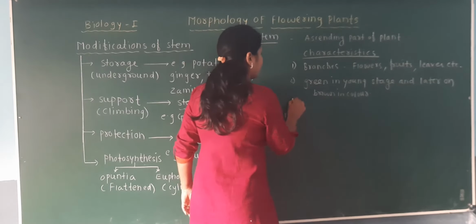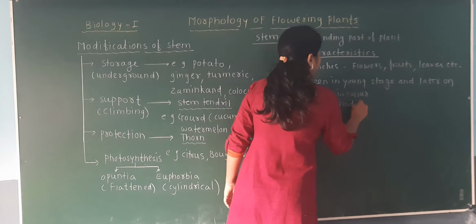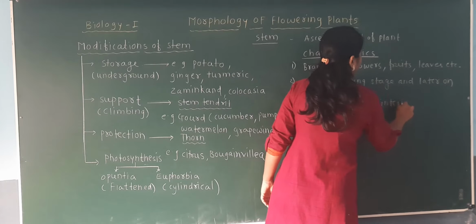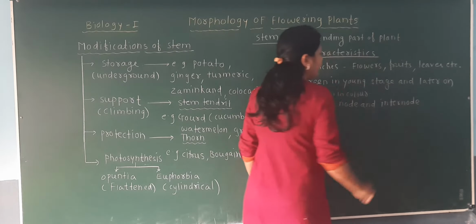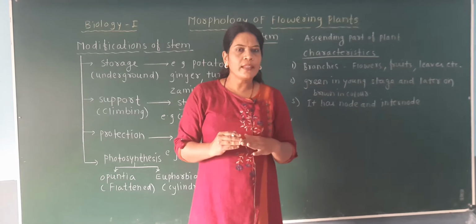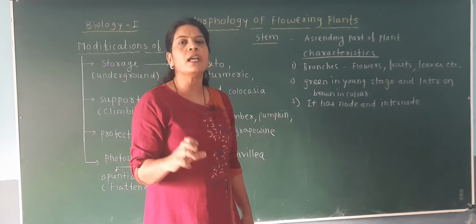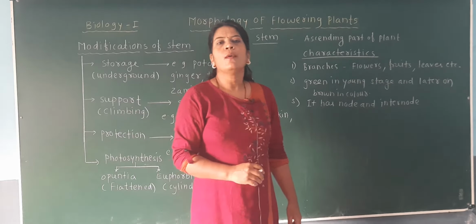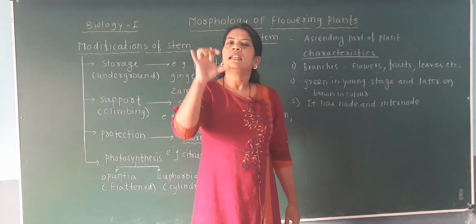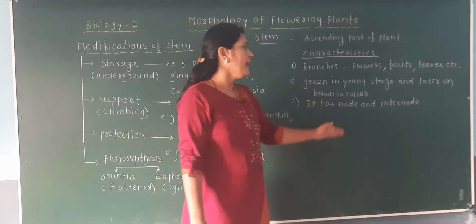The third characteristic is that it has node and internode. All of you know that a node is a point of the stem. Node is a region on the stem from which leaves arise, and the distance between two successive nodes is called the internode.